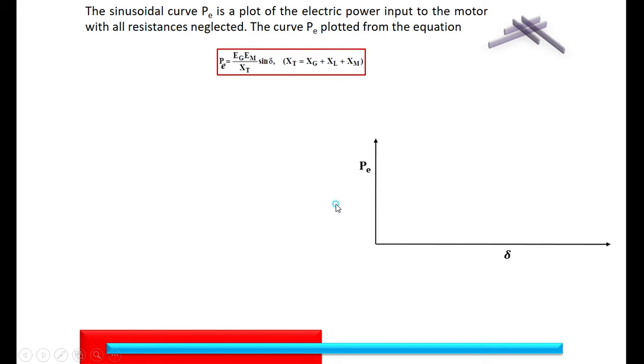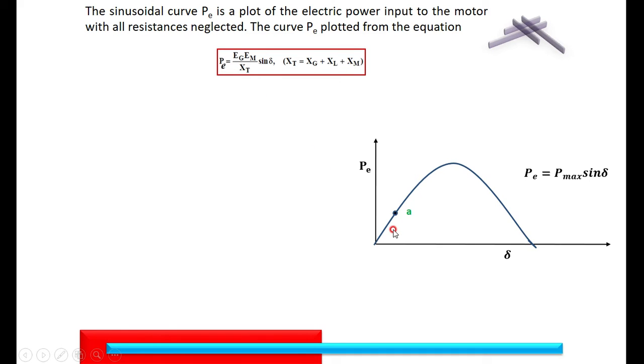Then we have drawn the power angle characteristics for the output of the generator, which is the input to the synchronous motor. That is, P is given by P max sin delta, where P max is Eg Em divided by Xt.